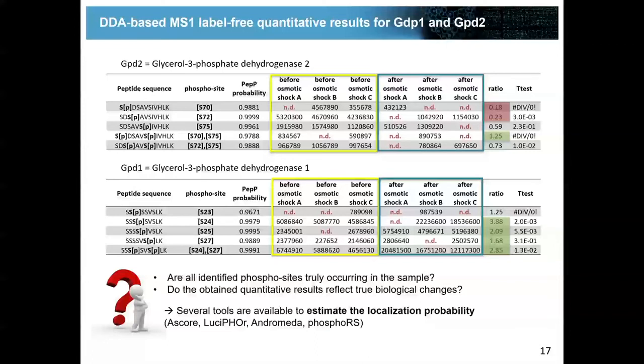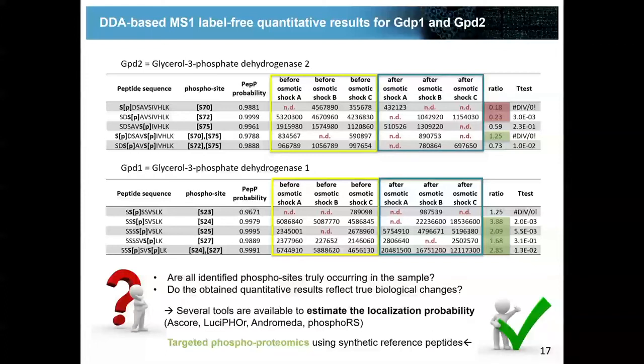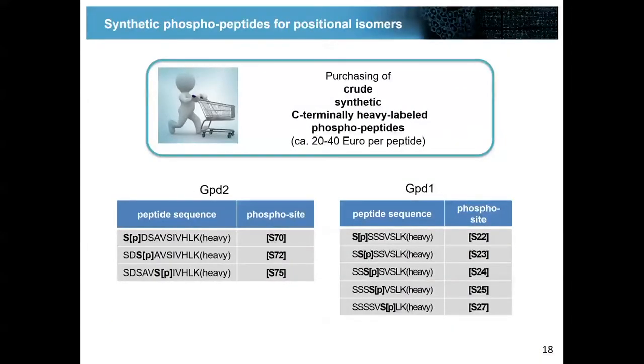So what we decided on doing was to perform targeted phosphoproteomics on those sites, using synthetic reference peptides to get really a very good ground truth knowledge about what's going on. So what I did is I went shopping, and I purchased crude C-terminally labeled phosphopeptides of all the 3 different singly phosphorylated forms of GPD2 and GPD1.